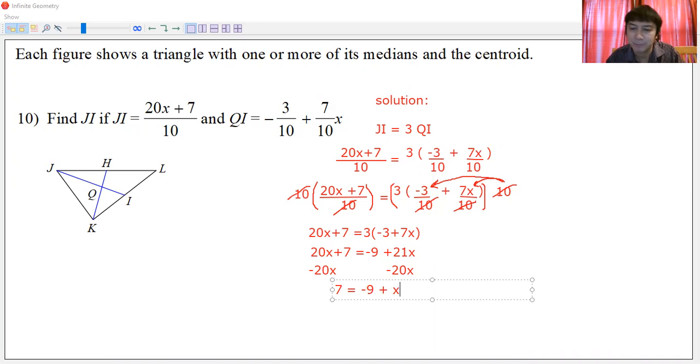The next thing to do is add 9 to both sides. So the left side is 16, and the right side is x. We have now x equal to 16. So we have the value of our x.